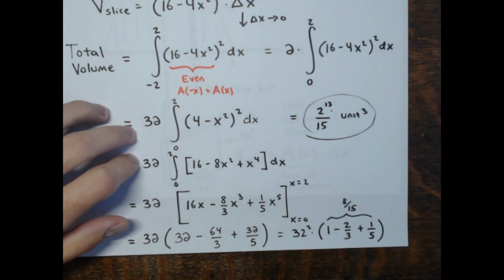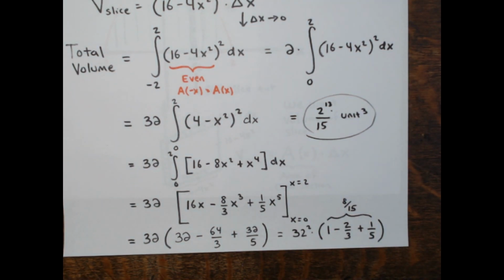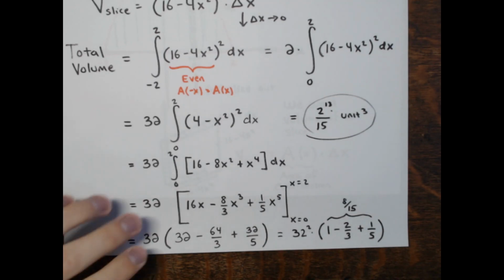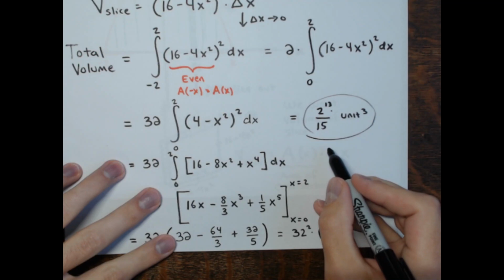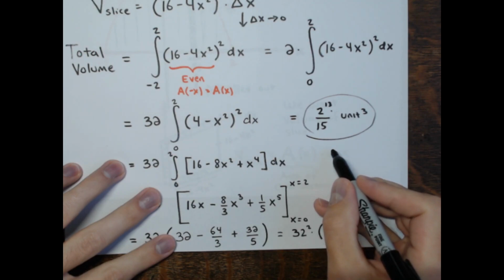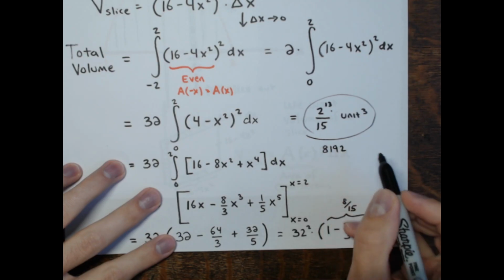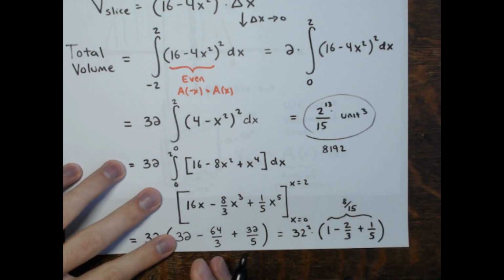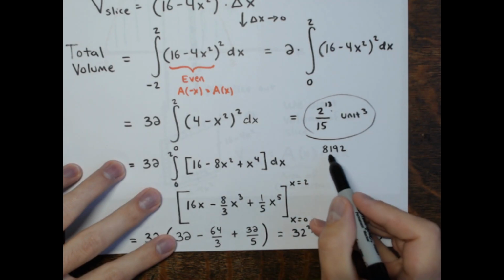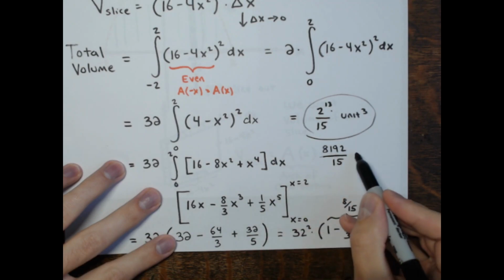And you know what? I'm going to type that in. Well, actually, now we can do this. 2 to the 10th power is 1024, and then 1024 times 8, that'd be 8,000 plus 160 plus 32, so that's 8,192. 2 to the 13th power is 2 to the 10th times 2 to the 3rd, 1024 times 8, divided by 15 cubic units.